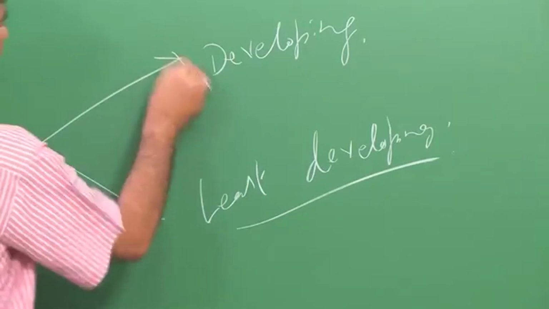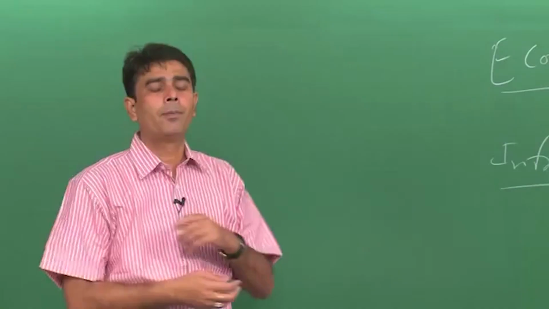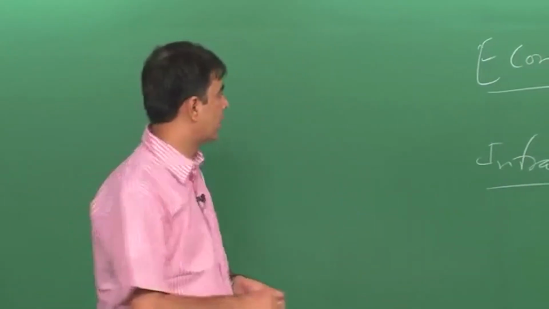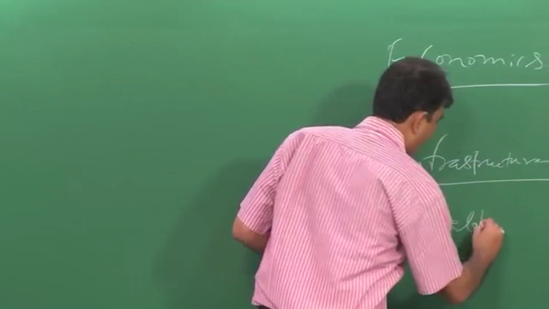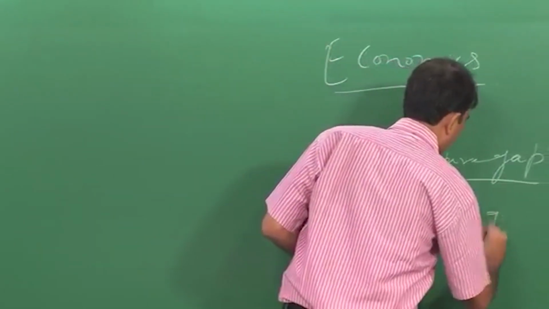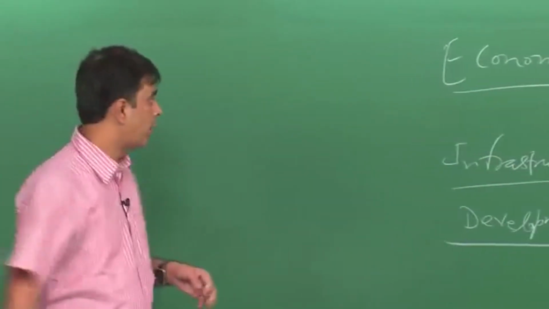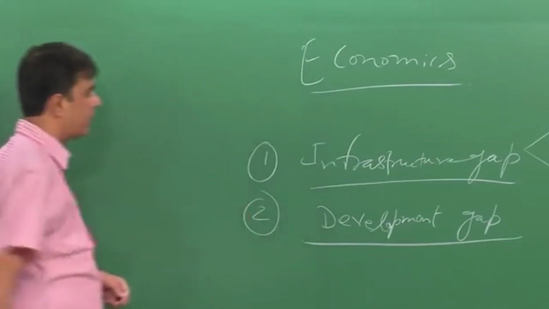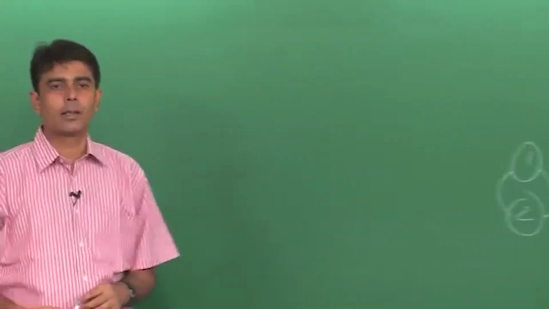This infrastructure gap leads to a further gap, which is called the development gap. Because if you have point 1 missing, you have point 2 also missing, because both are interconnected.